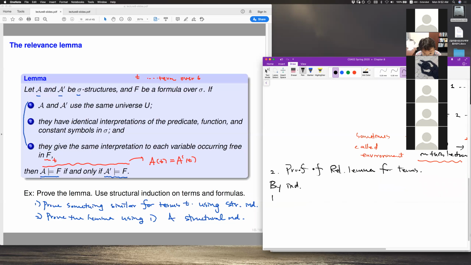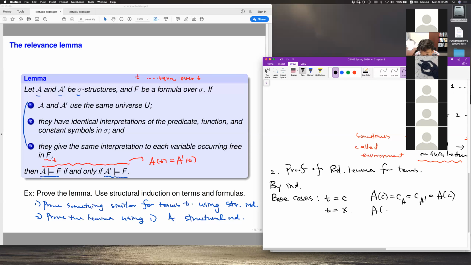The base cases are T is equal to a constant C, or T is equal to a variable X. For the constant C, we have A of C, the same as the interpretation of the constant in A. But we said A and A prime give the same interpretation for all the constant symbols. So this will be the same.